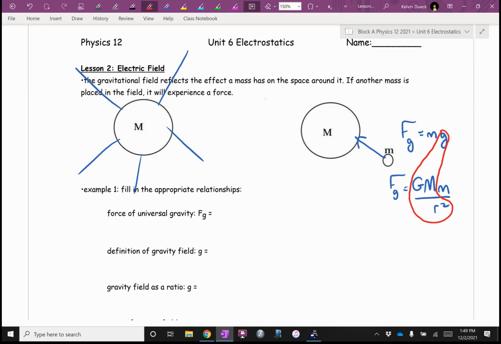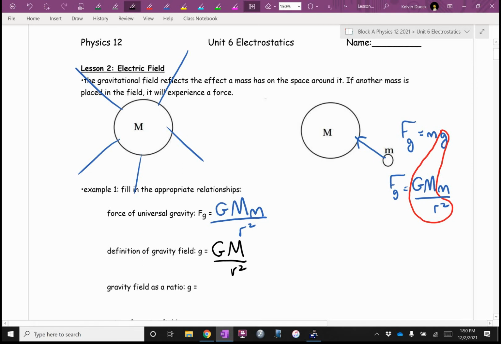So what we had last unit was two ways to find gravitational field strength, two ways to define it. First of all, we started out with the force of gravity, big G, big M, little m over r squared. And then we actually defined universal gravitational field strength. We said that was big G, big M over r squared, no little m.